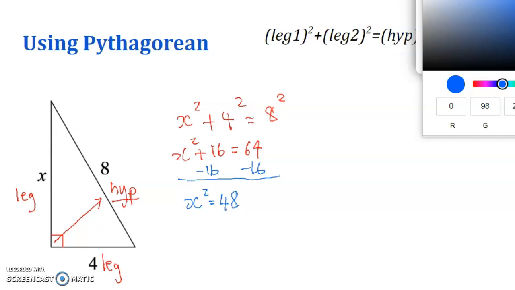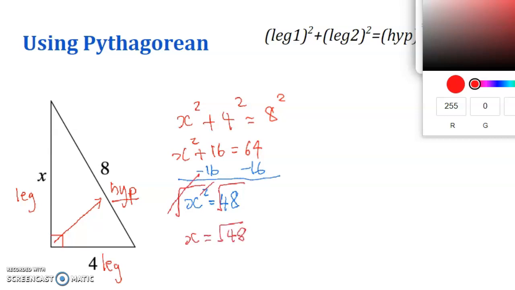Then I take the square root of both sides, because I am not interested in x squared, I am interested in just x. The square and square root cancel each other, and you're left with x is equal to the square root of 48.